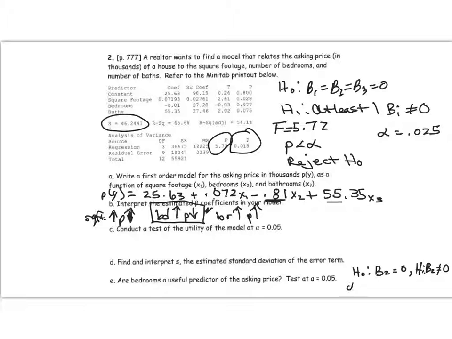And so alpha over 2 is 0.025. And if we look at our p-value for bedrooms, it's 0.977.